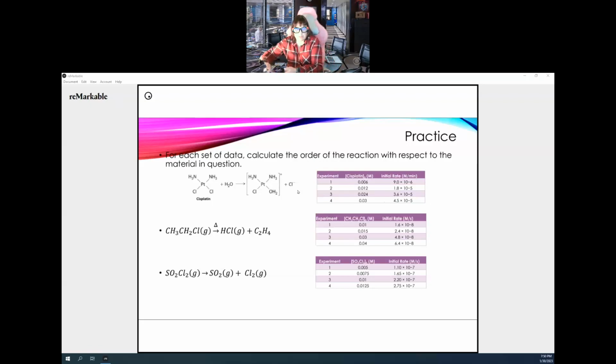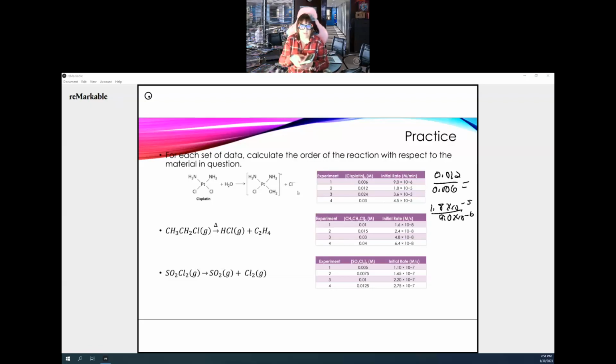So I'm going to look at the 0.012, which is the second row, over the 0.006. I didn't leave myself enough space, so I'm going to write the rates down here: 1.8 times 10 to the minus 5th, and 9.0 times 10 to the minus 6th.